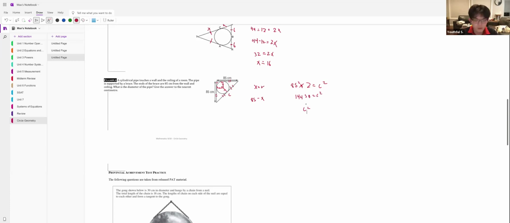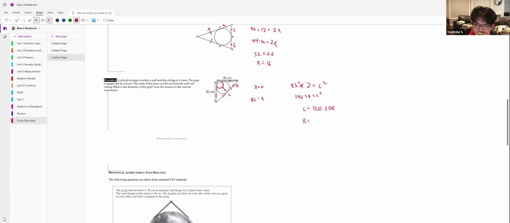C is therefore equal to the square root of that, which is 120.208. So this is equal to half of that, right? This length here, we'll label that as B. Why not?